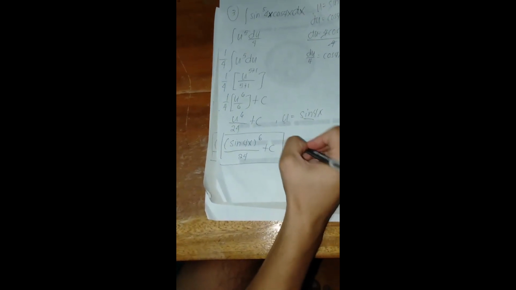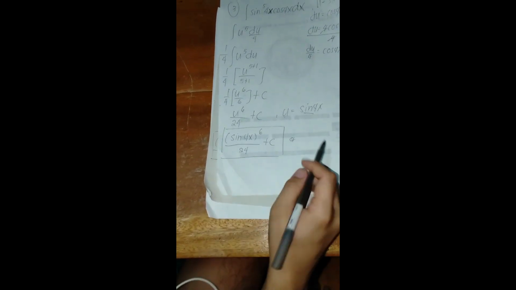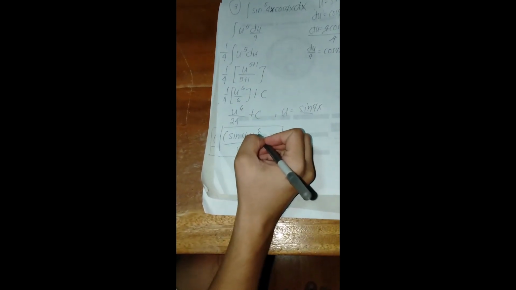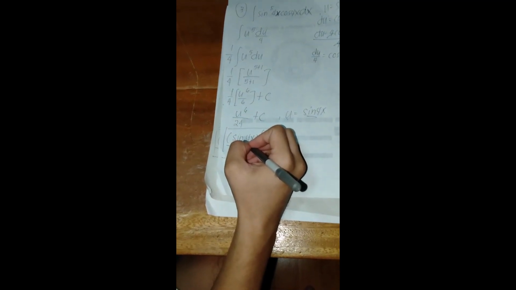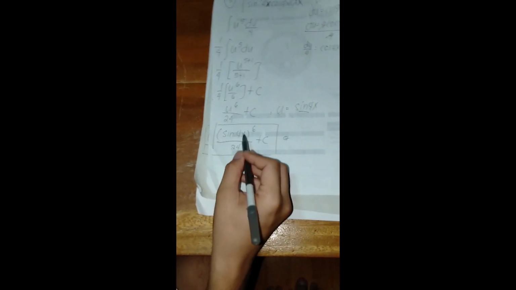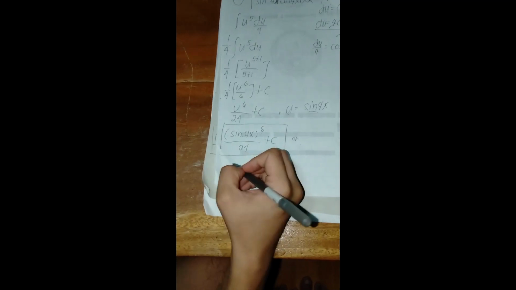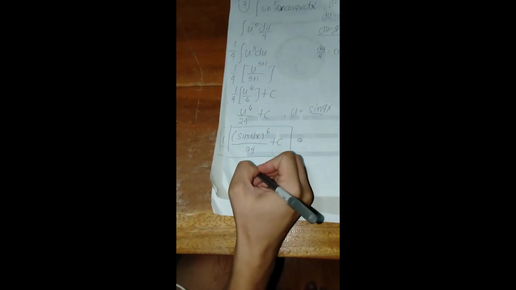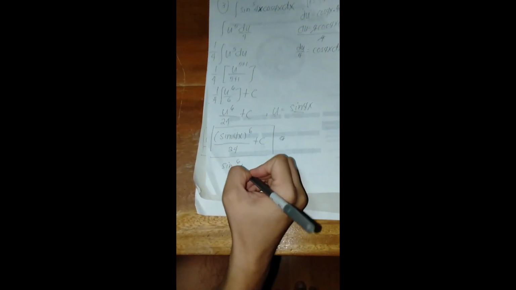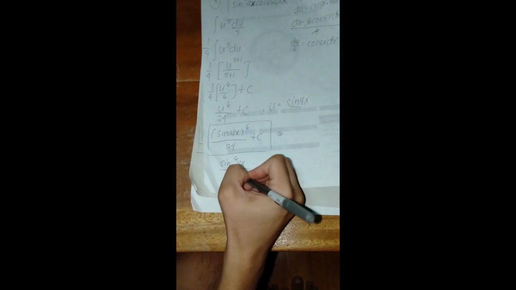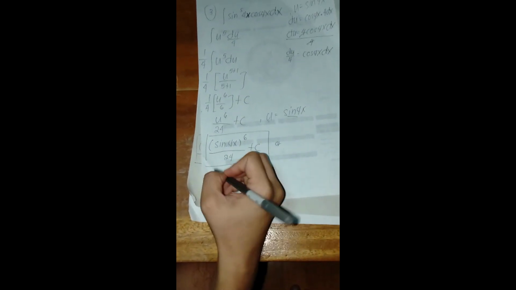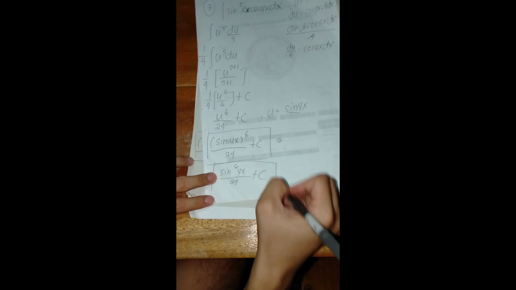Or, kung i-raise mo yan, diba? By law of raise pag functions, yung multiply ka lang dun sa trigo function, hindi kasama yung angle, ha? So, remember that, guys. So, pwedeng sine raised to 6, 4x over 24 plus c. Okay, so this will be your final answer.